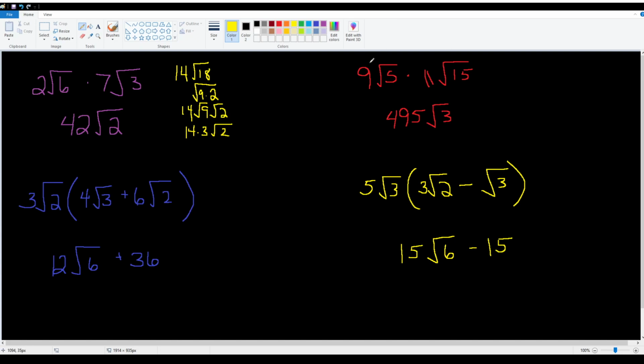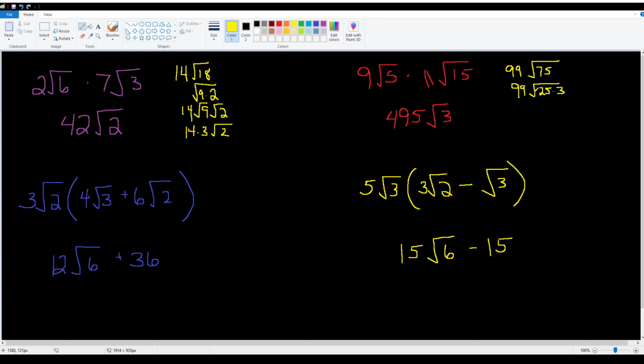Same thing over here. 9 times 11 gives us the 99. Radical 5 times radical 15. 15 times 5 gives us 75. So I have 99 radical 75, but radical 75 can be split up. 75 can be split up into 25 times 3.